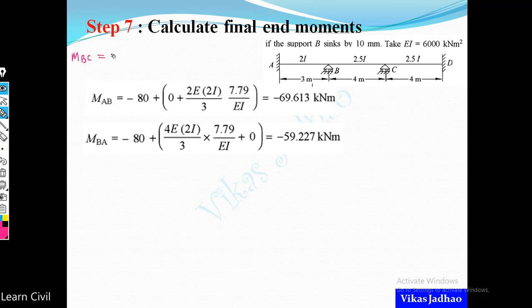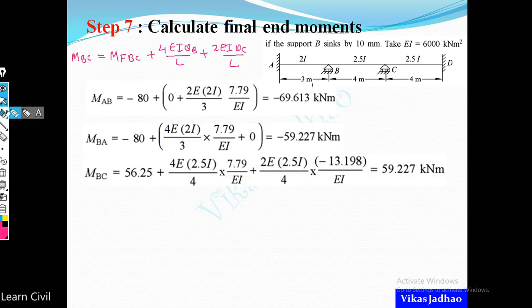This will be equal to MFBC plus 4EI theta B divided by L plus twice EI theta C divided by L. Substitute the values of theta B and theta C and span in this equation.